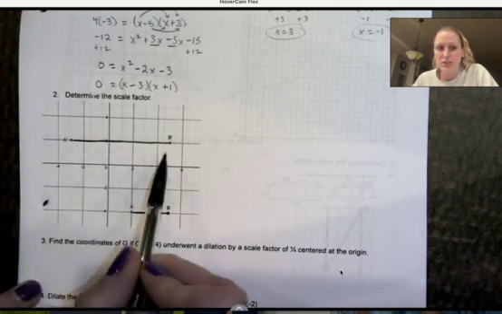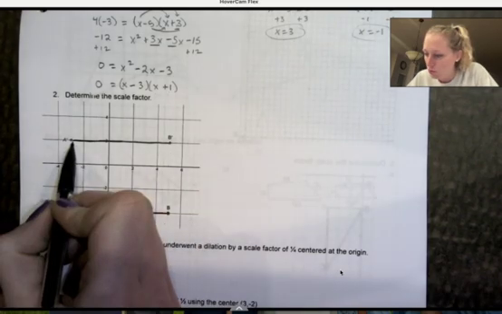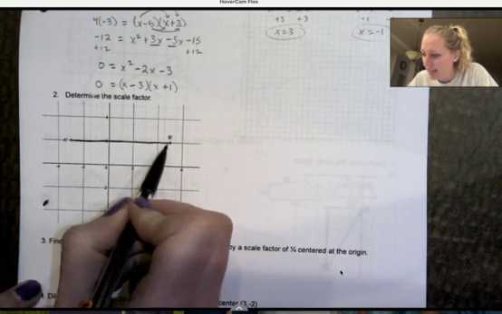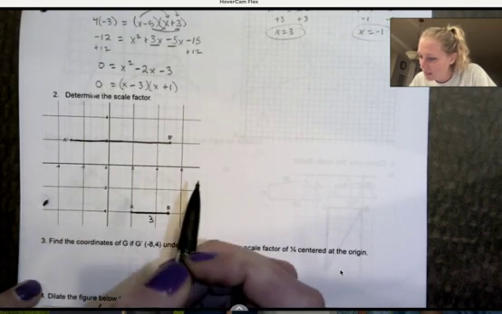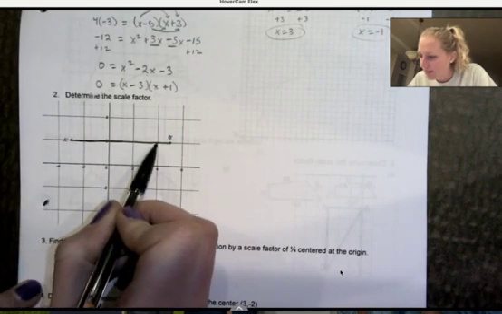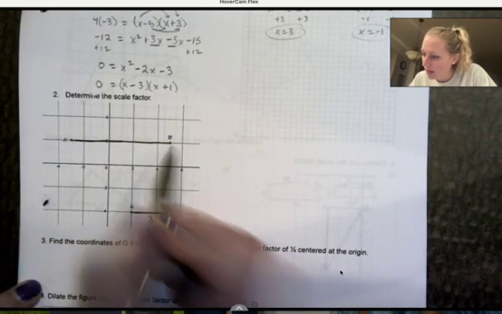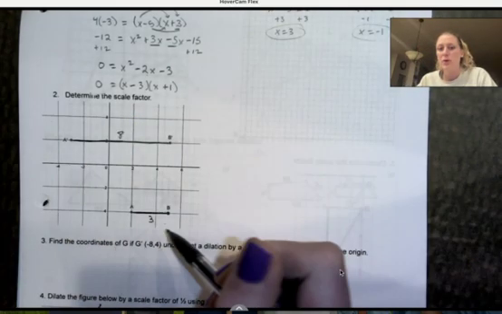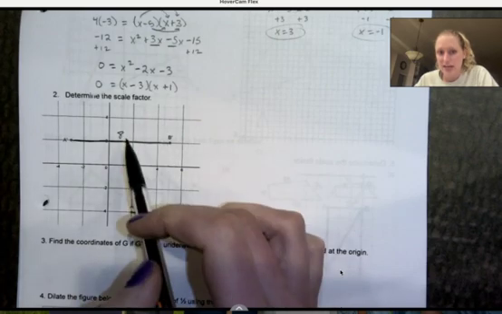I want to know what did it increase to. So let's see. Here's 1, 3, 5, 7. Yeah, I think that is right. 8. Okay, so I went from 3 to 8, right?